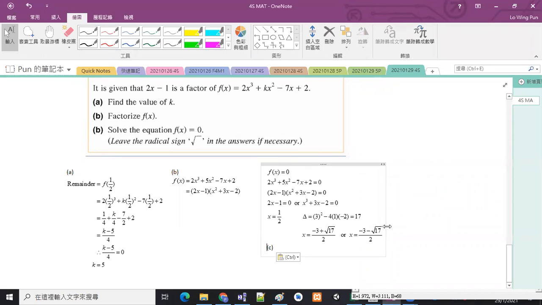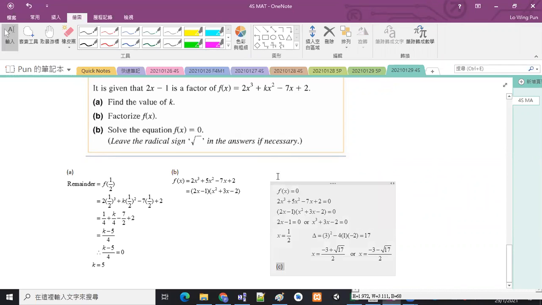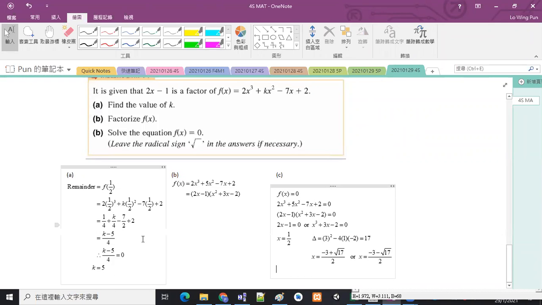Okay, please check the answers. So this one basically is the same as the example, right? So in part A, just find the remainder yourself, and because of this keyword, it's a factor of fx, the remainder should be equal to 0, and then you can set up an equation to calculate the value of k.